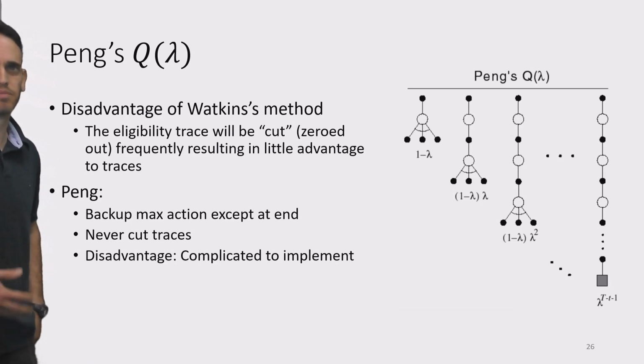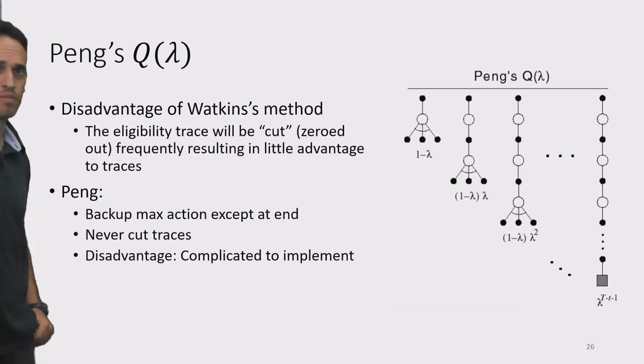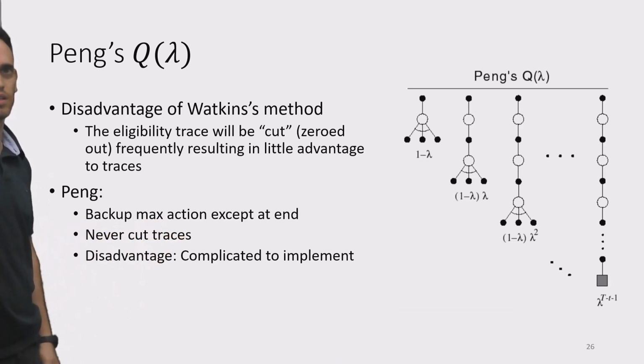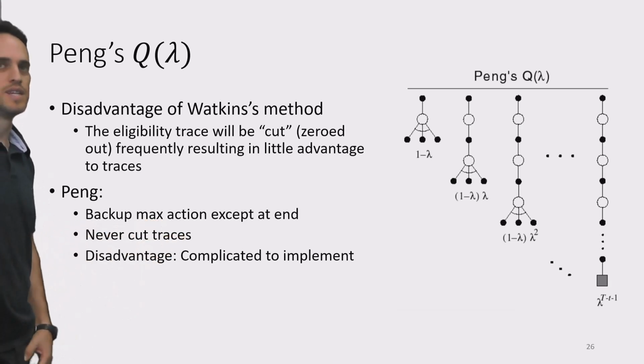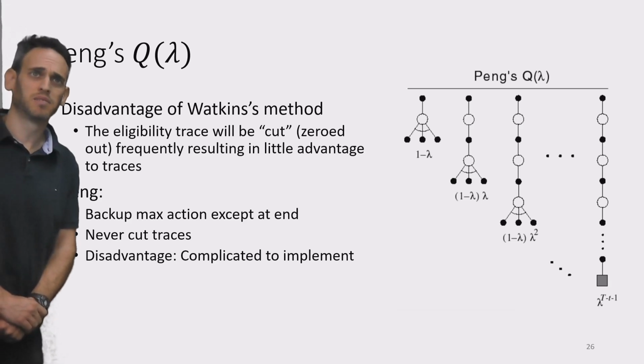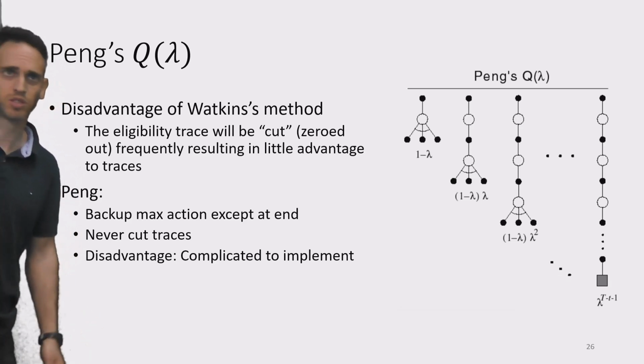It might result in little advantage to the traces. And so Peng suggested to back up the max action except at the end of the n-step trajectory. It never cuts traces. The disadvantage is that it's a bit more complicated to implement, and the results don't always justify this complication. And I'll show you some results in a second.